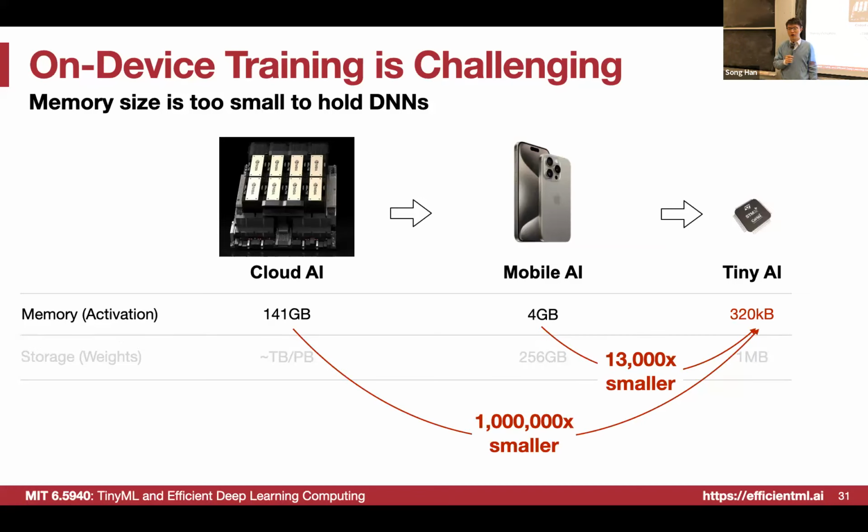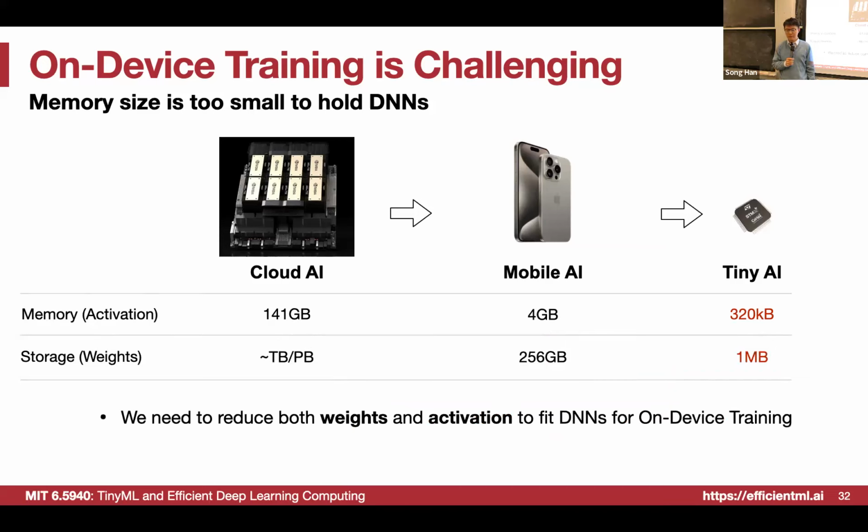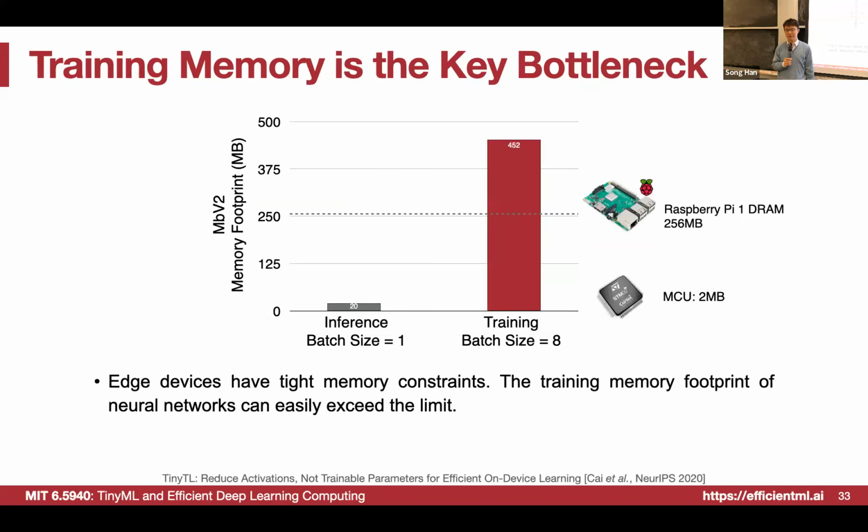So that's several orders of magnitude smaller. We want to reduce both the weight and activations so that we can fit deep neural nets to perform on-device training. The motivation is very similar to inference, but it's more challenging since we have more things to take care of.